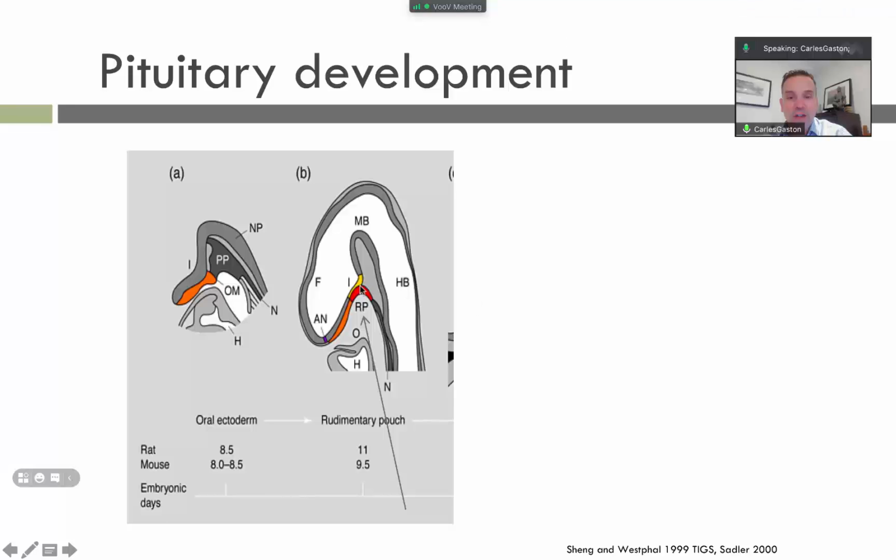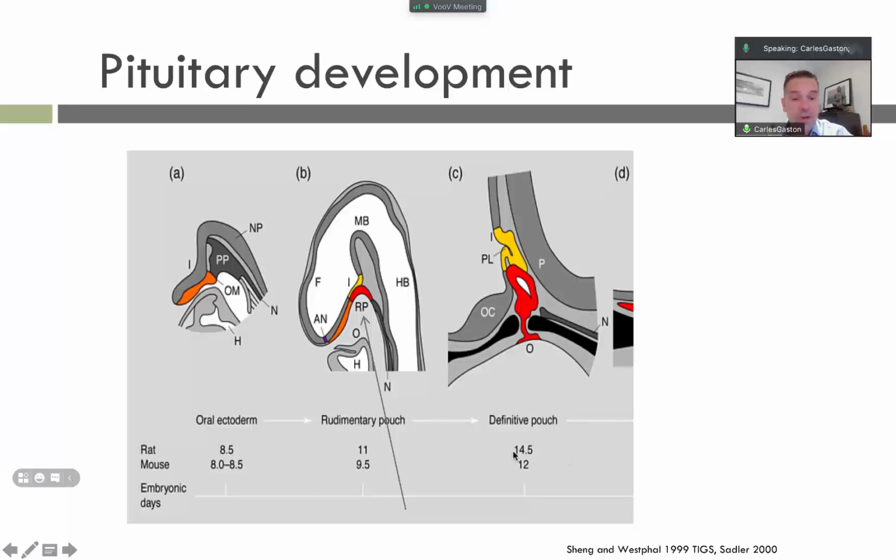The Rathke's pouch will start expressing transcription factors that will tell these cells to become pituitary gland. And the infundibulum will start also expressing transcription factors that will tell this tissue to become the posterior part of the pituitary. At this stage, both structures are formed of stem cells.